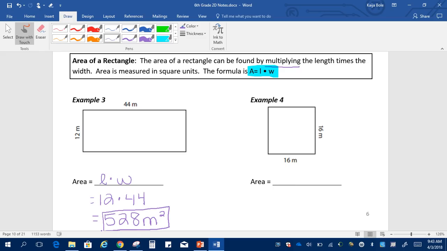Okay, example 4 here, same thing, area equals length times the width, because this works for squares and rectangles. So we're going to be multiplying 16 times 16, and when you get that, you get 256, and again it's meters squared.